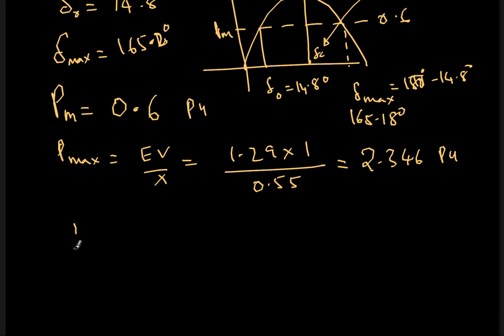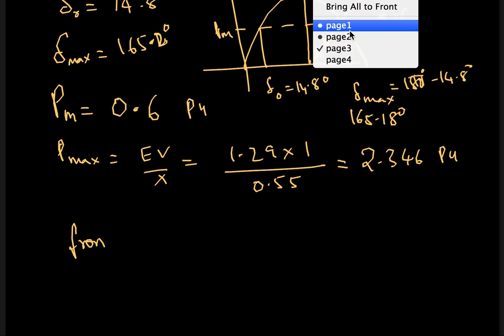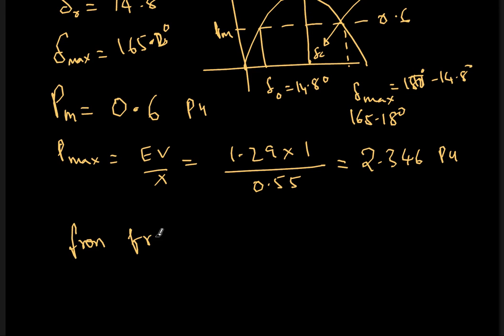From the formula of delta C, I get delta C equal to 107.2 degrees.